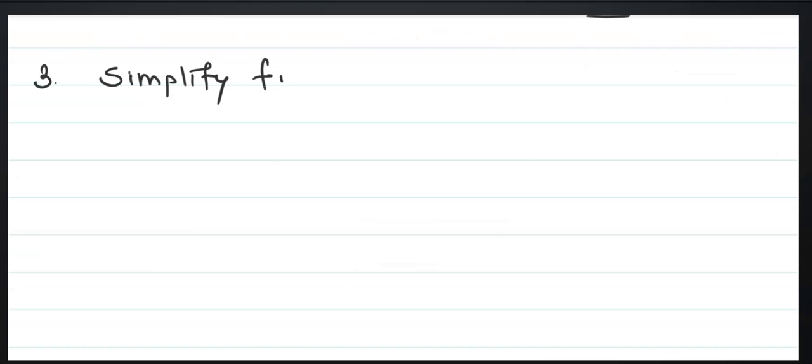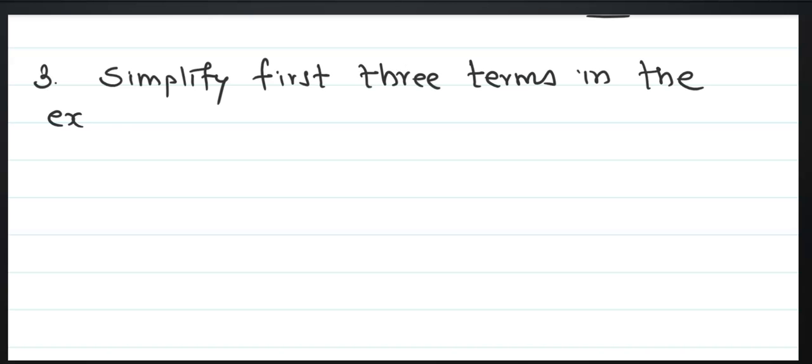Question number 3. Simplify the first 3 terms in the expansion of the following.